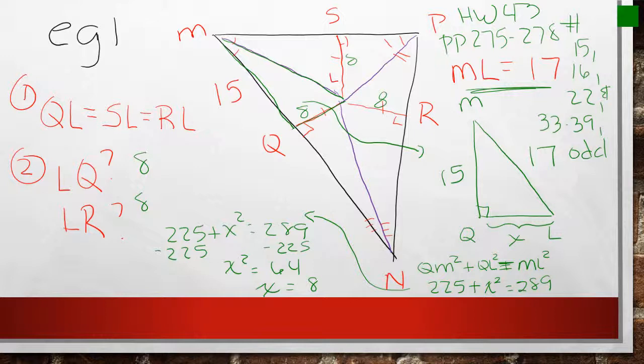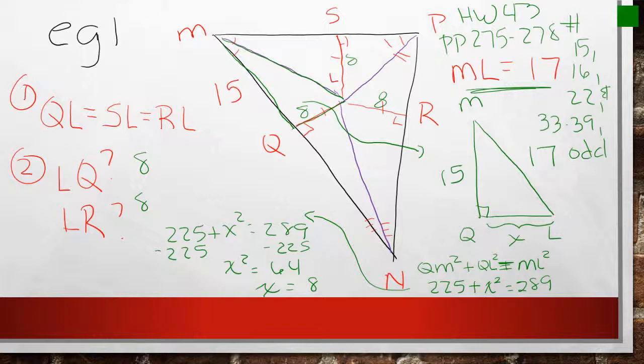Here's M, S, and P, R, N, and Q. I'm going to give you a little bit of information here. MQ is 15. And I'm going to call this point in the middle L. And I'm going to tell you that ML is equal to 17.